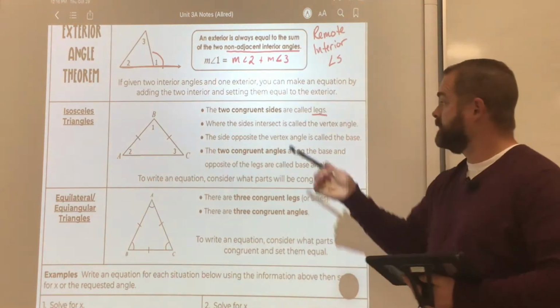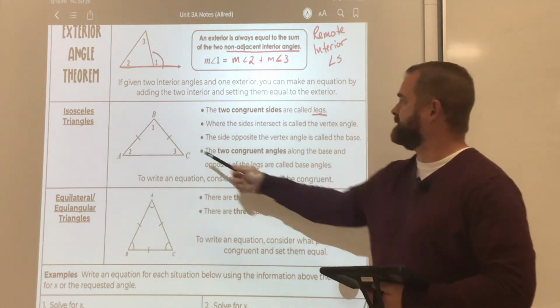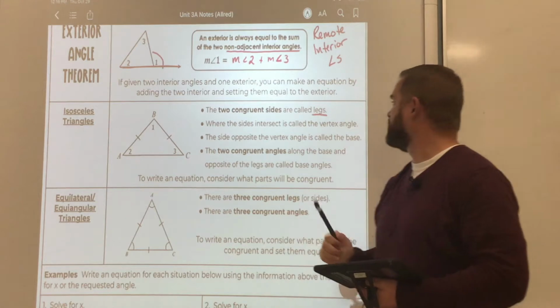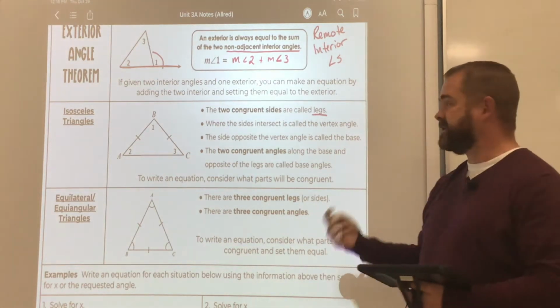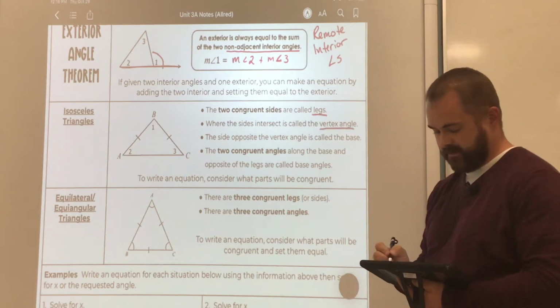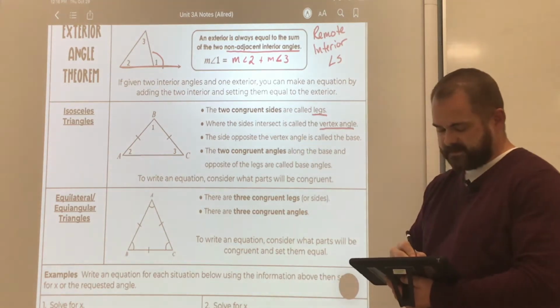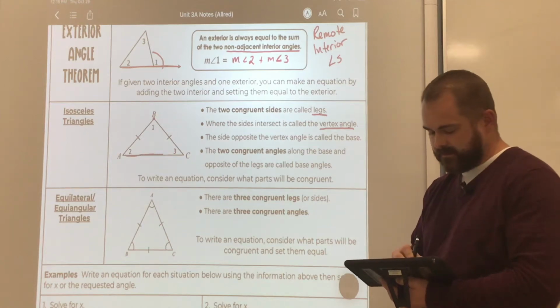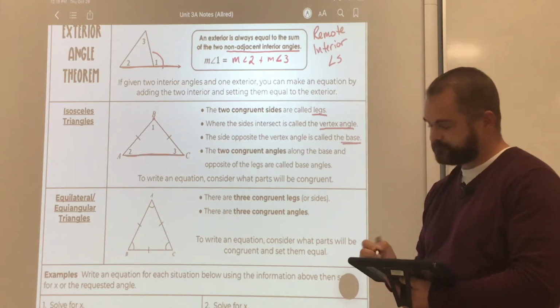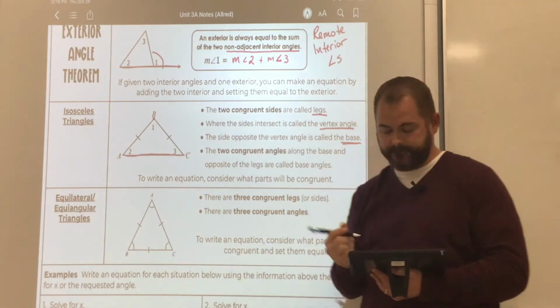The two congruent sides always intersect at what we call the vertex angle. The side that is opposite from that vertex angle is called the base.